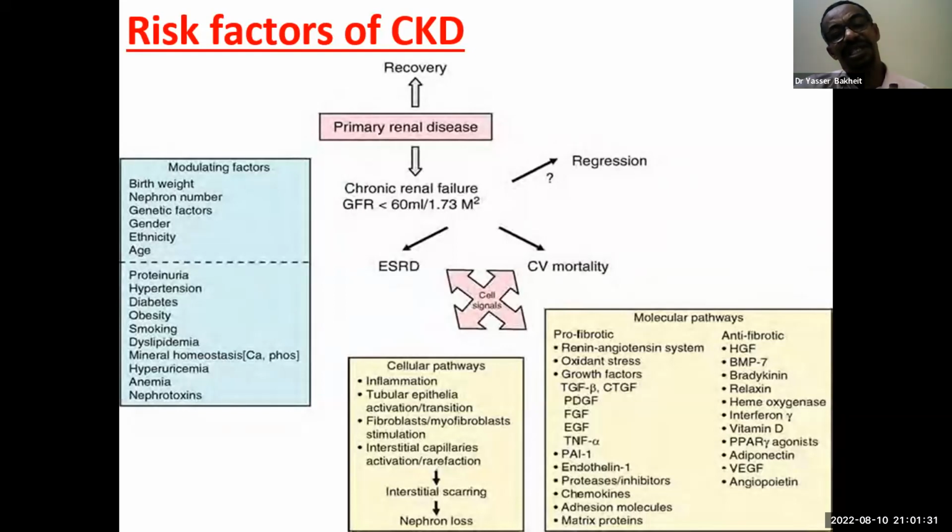Chronic kidney disease can regress or progress to end-stage renal disease and can cause death from cardiovascular complications. There are many cellular and molecular pathways that can cause nephron loss and interstitial fibrosis.